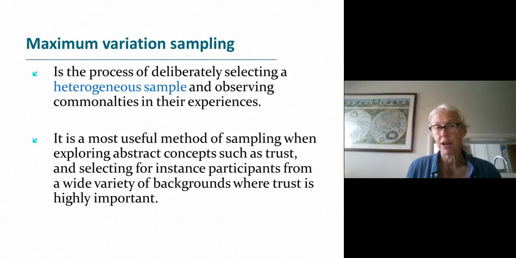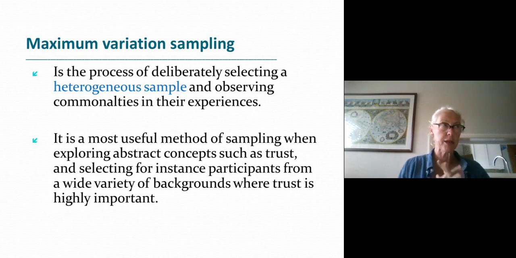Then we have maximum variation sampling. So in maximum variation sampling, we're actually going to deliberately select what we call a heterogeneous sample, so people who are very varied and different. So you're looking across the scope of all the different kinds of people who could be involved.